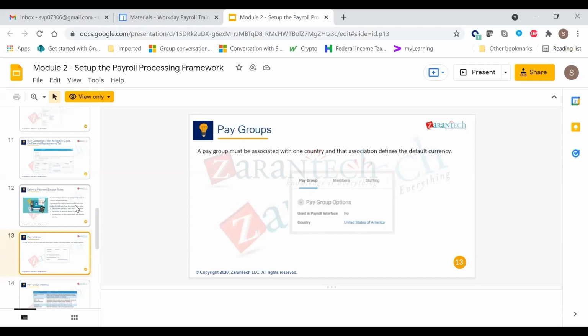So the most important factor for grouping them is they are getting paid at the same frequency. That is the reason why they are part of this pay group. Other than that, as I said, they are part of the same location. They are part of the same job profile or level of job profiles. Based on that, we normally factor our pay groups.